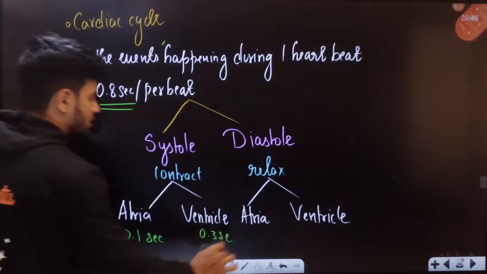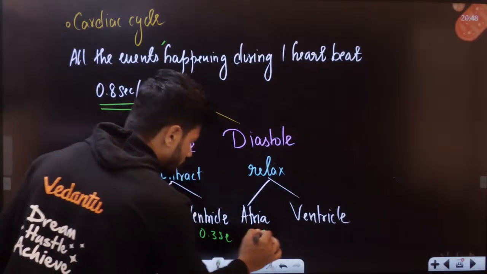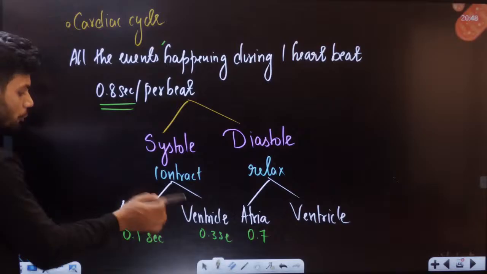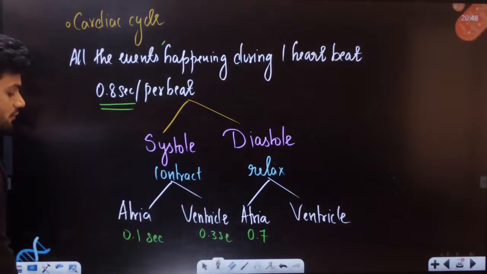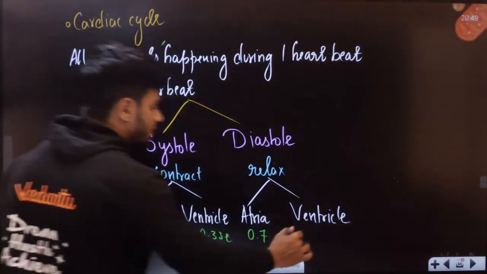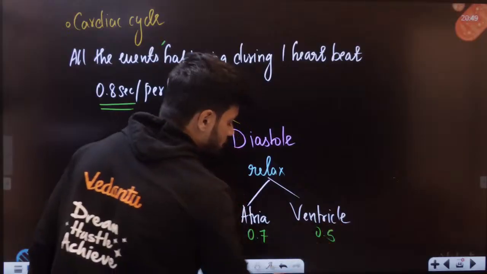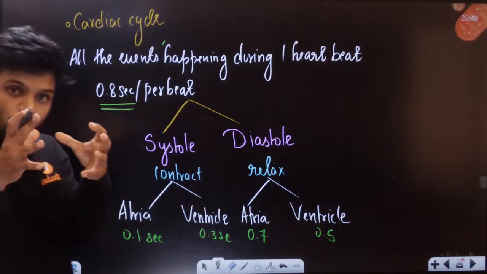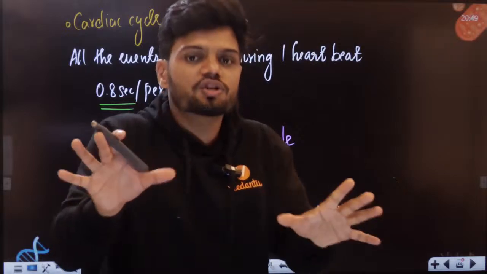It is in relaxed stage. Now 0.3 seconds, that is 0.8 minus 0.3 is how much? 0.5, right? So 0.5 seconds the ventricle is relaxed. So in just 0.8 seconds, contraction is happening, relaxation is happening.